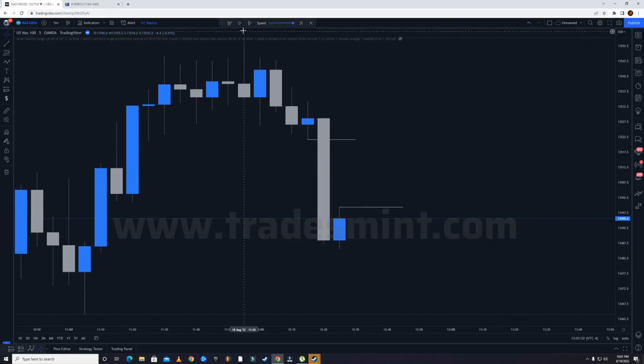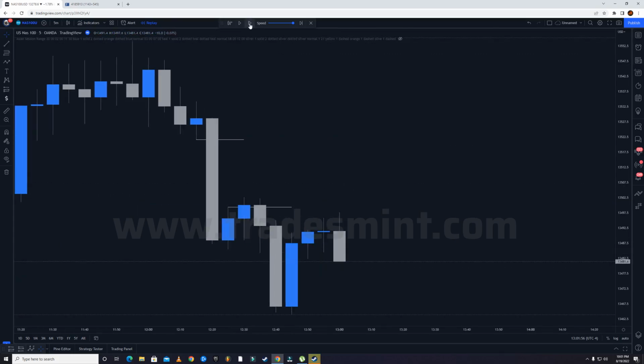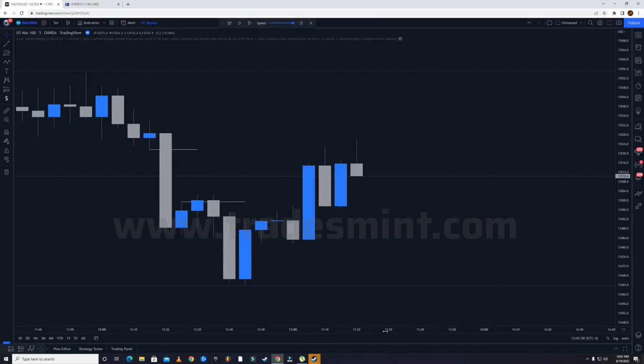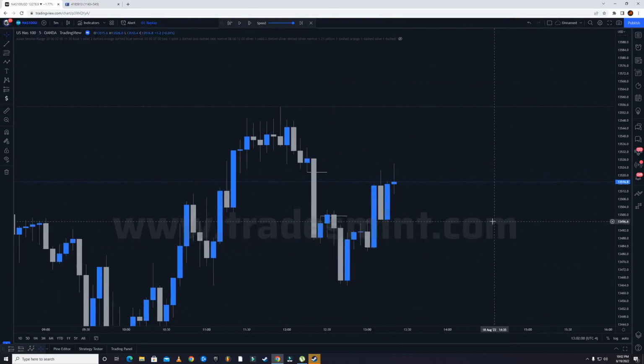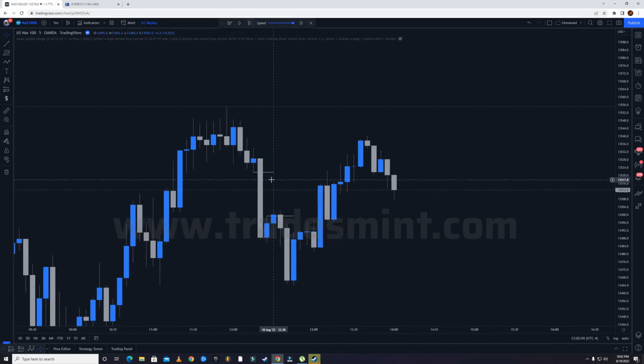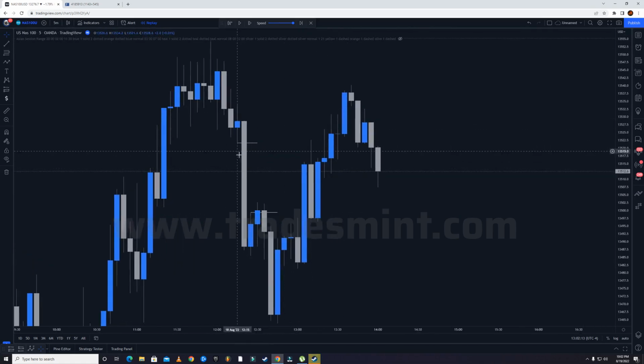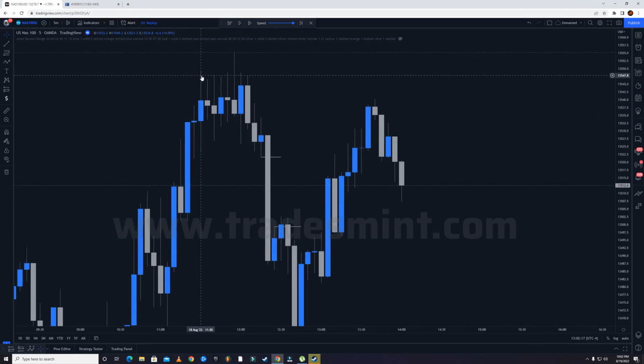So let's see what happens. Price fills the imbalance and then it drops down. Very simple, guys. As you can see, price goes up a bit, fills all the imbalance here, and there should be some imbalance on a smaller time frame. We are looking at this imbalance on a 5-minute time frame, but I'm pretty sure there's going to be imbalance on a shorter time frame.